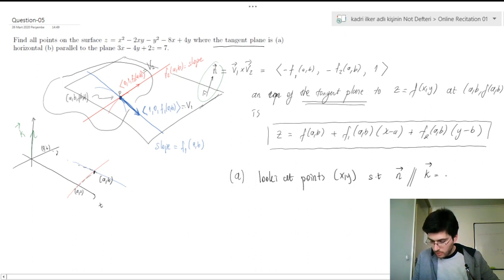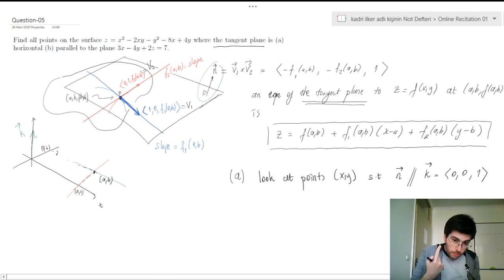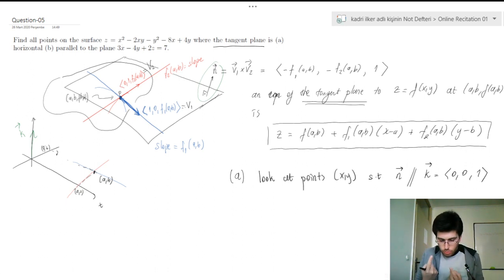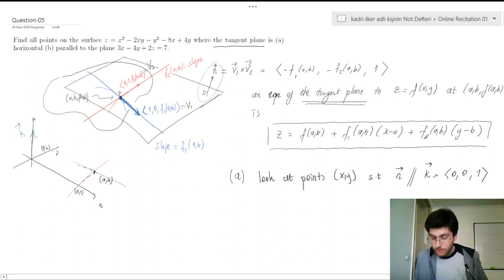This is just 0, 0, 1, if you like. Okay? Therefore, this is the idea. We try to locate those points such that if you compute the corresponding tangent plane and its normal vector, it should be parallel to this principal direction K. Okay, so this is the idea.